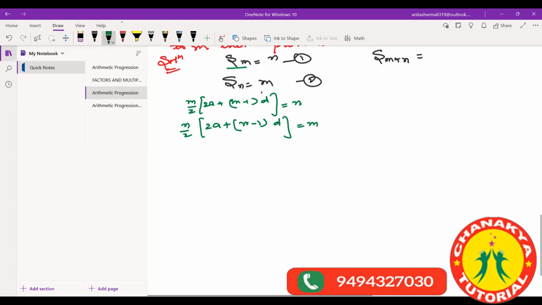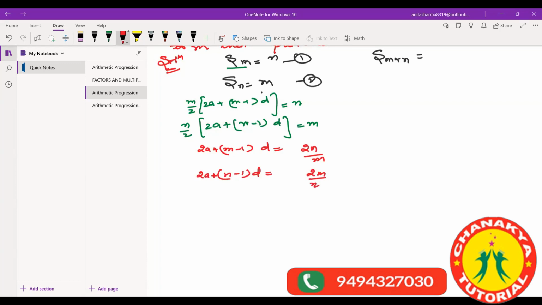First of all, you transpose this m by 2 and n by 2 to the right hand side. So 2a plus m minus 1 into d will be 2n by m. Now 2a plus n minus 1 into d will be 2m by n.